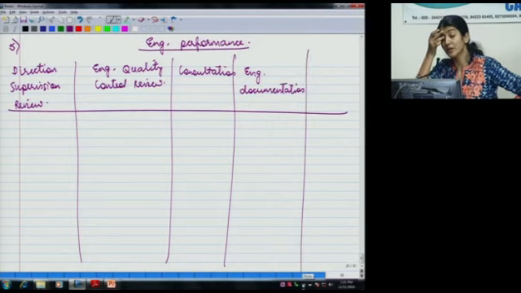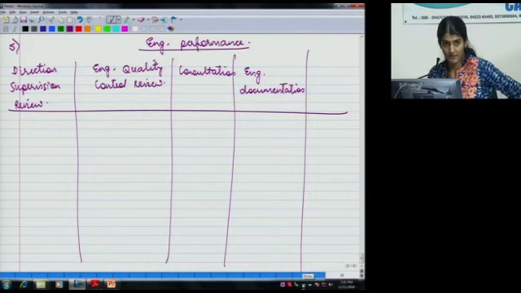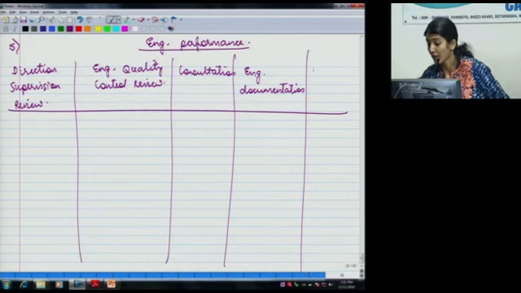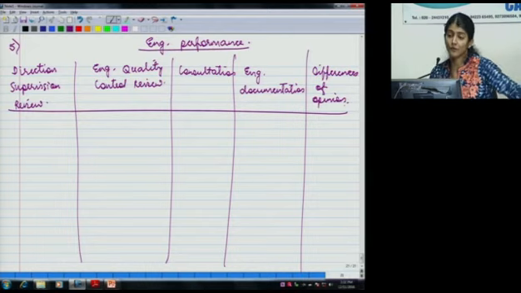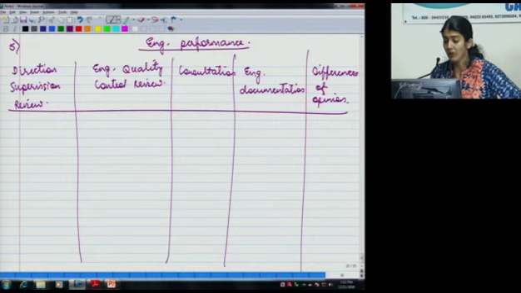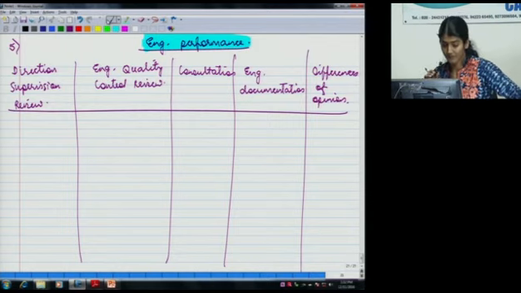So engagement documentation. And the last one, so many people working together. So there are bound to be differences of opinion between the members of engagement team or with the experts or so. So how to resolve the differences of opinion, or what if there are differences of opinion? That is the last point under engagement performance.